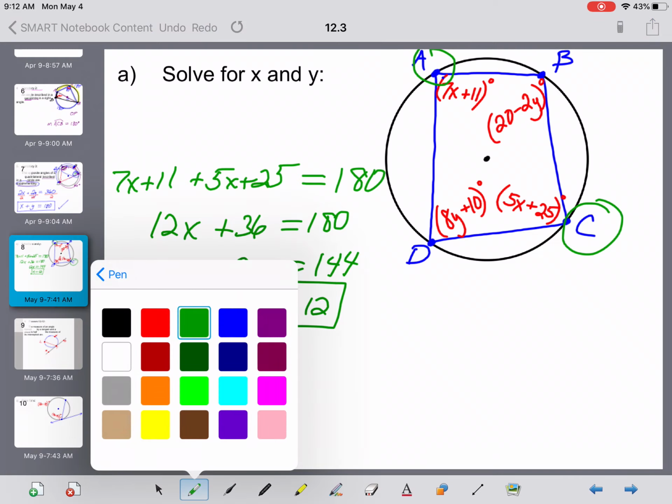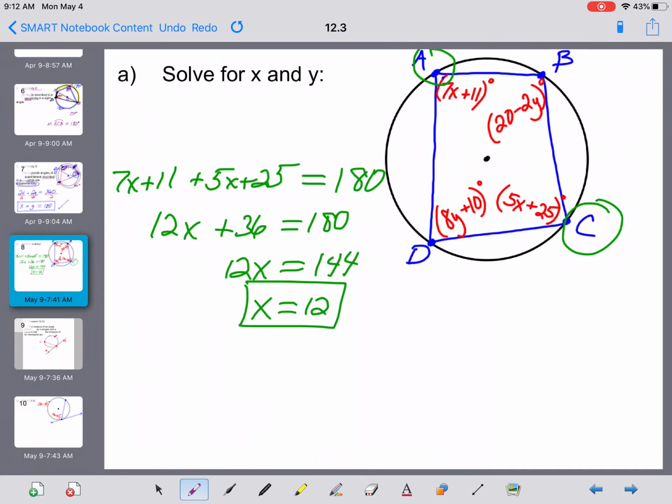But they also wanted us to solve for y, and the y's come from these angles over here. Angle D has a y, and so does angle B. There's a y there as well. But wouldn't you know it, once again, those are inscribed angles in a quadrilateral, so they have to be supplementary.